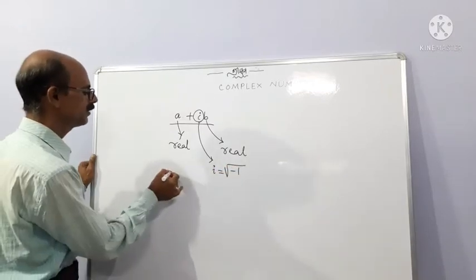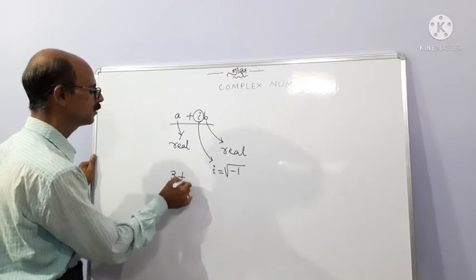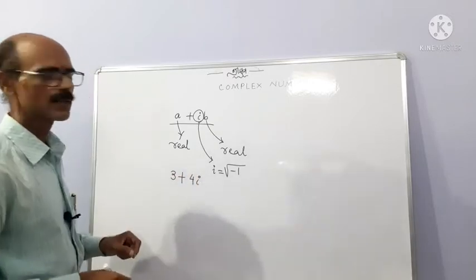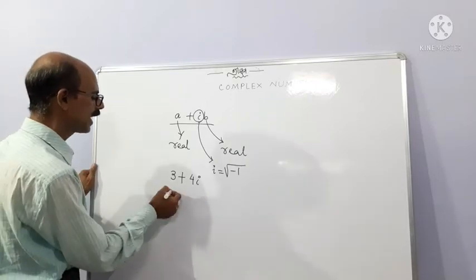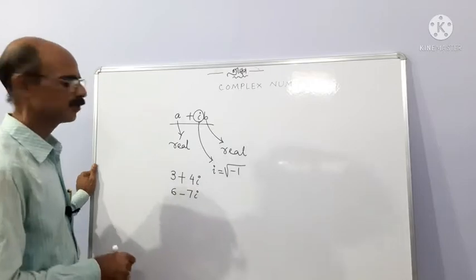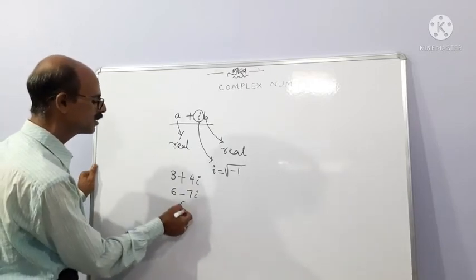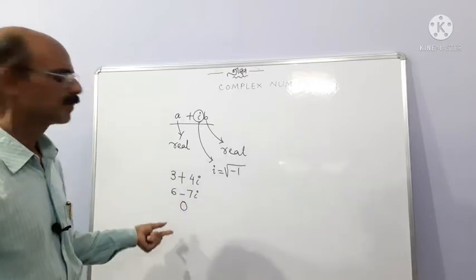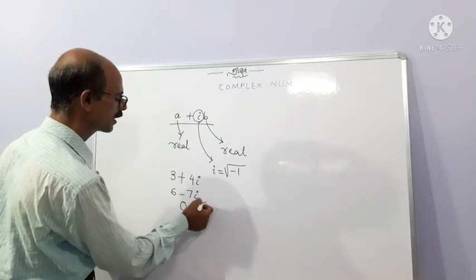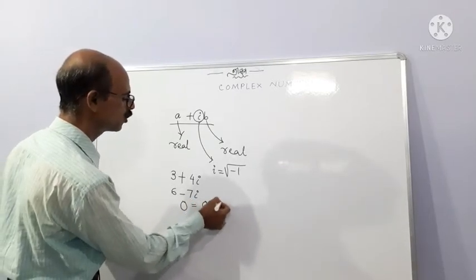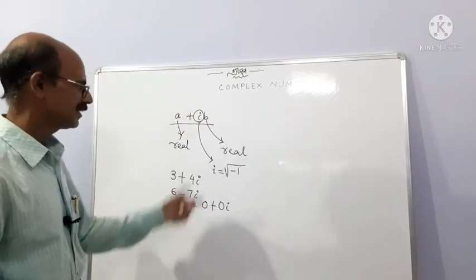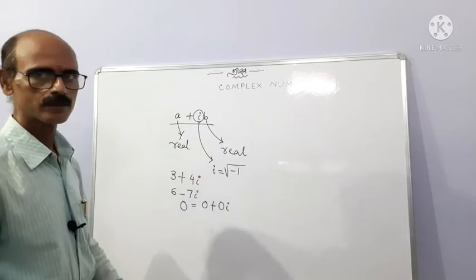For example, 3 plus 4i is a complex number. I can write 6 minus 7i, a complex number. Even 0 can be considered a complex number. 0 means we can write 0 plus 0i, a complex number. So it is an all-embracing number.